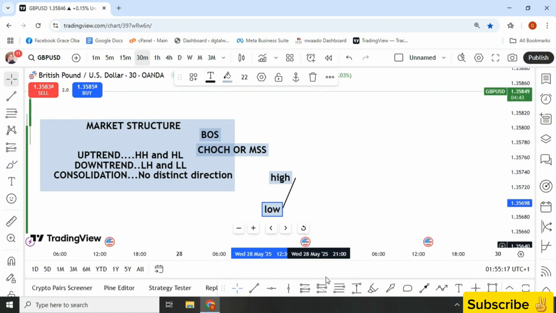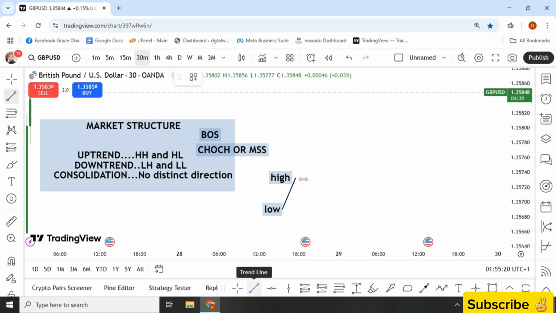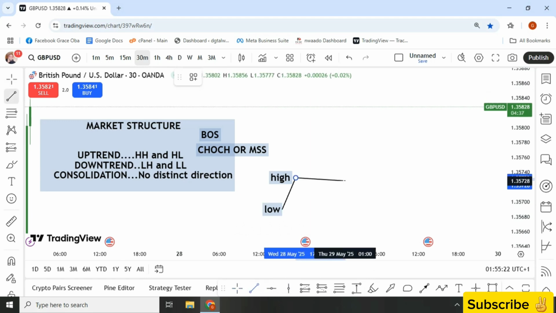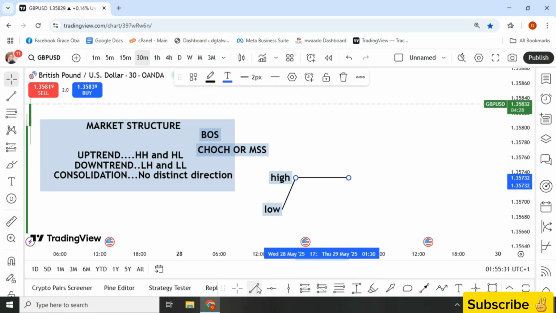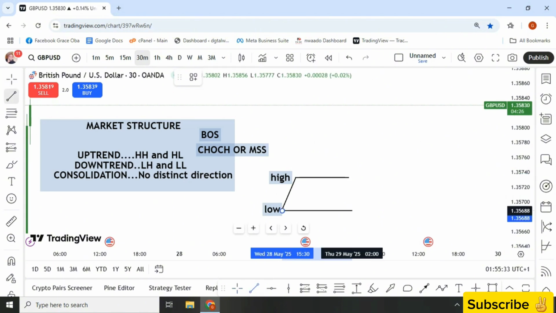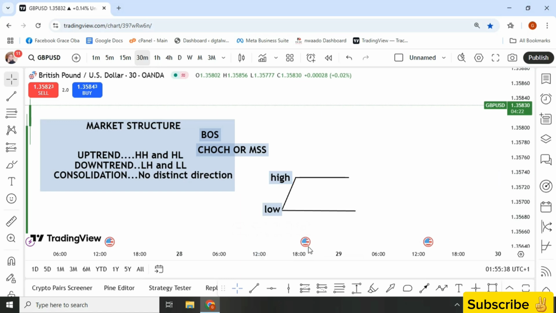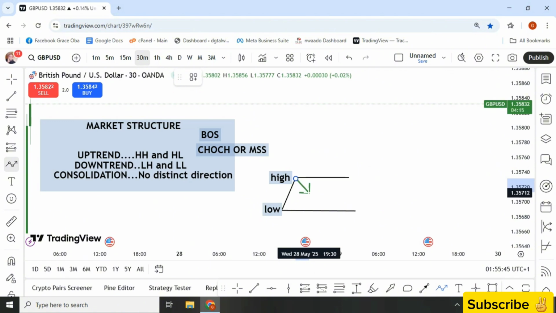Now using a horizontal line again, whenever price trades this way, price has a pullback, then breaks above this high.